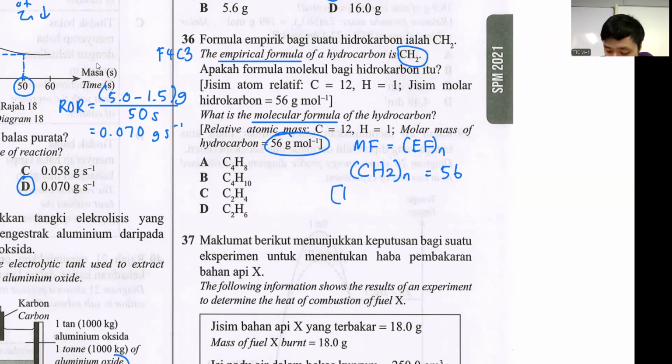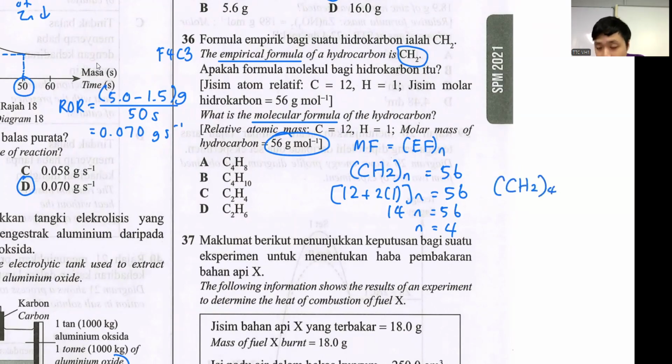You put the molar mass inside: 1 carbon 12, 2 hydrogen means 2 times 1. Total 56. Then you will get 14n equals 56. n is 56 divided by 14, which is 4. It means your CH2 has to be multiplied 4 times. You will get C4H8, which is butene.